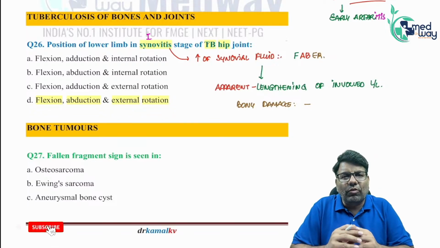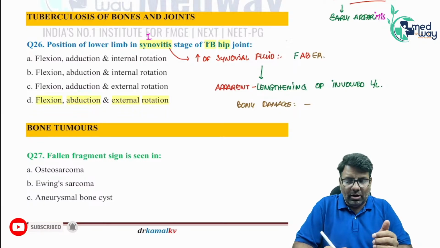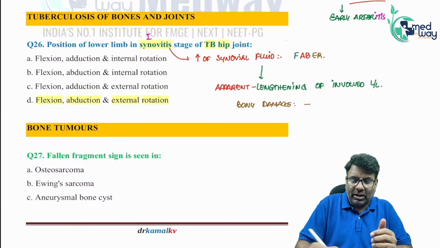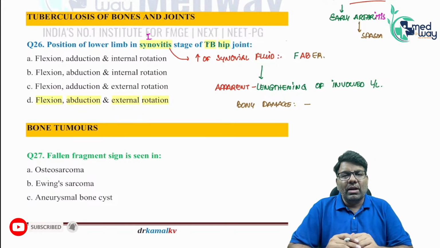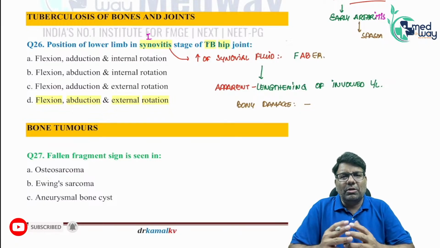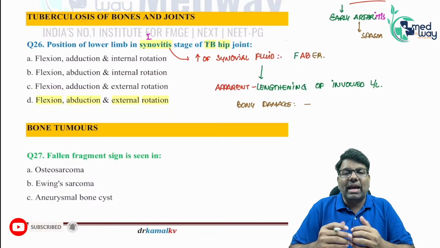And once there is involvement of the joint area, there will be spasm of the surrounding muscles, and we know that the hip joint is surrounded by many muscles. So the muscles which are more powerful will move the hip joint in the direction of their action.